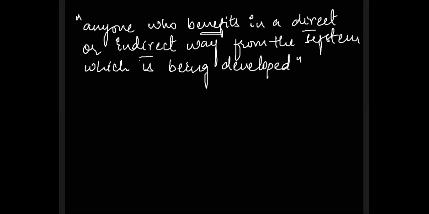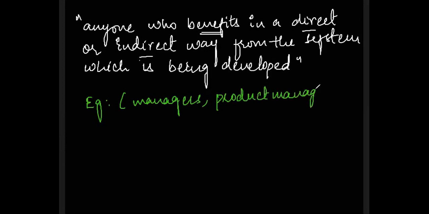Now, what are the different examples for stakeholders? Examples include managers, the product manager. You're going to have different managers, a person that is going to manage the product and the manager that is going to manage the entire development of the software. Then you've got the marketing people or the marketing department.